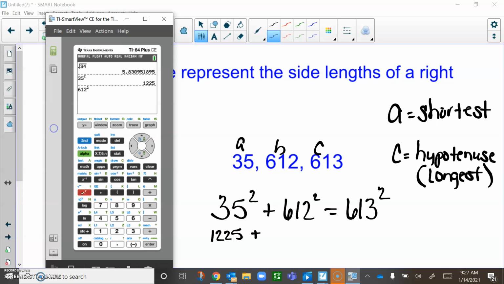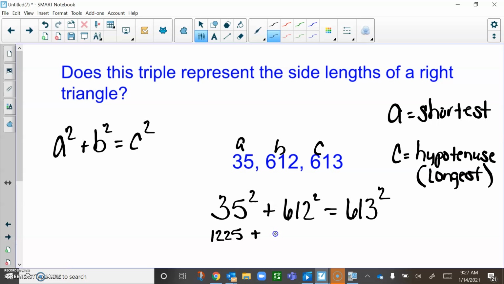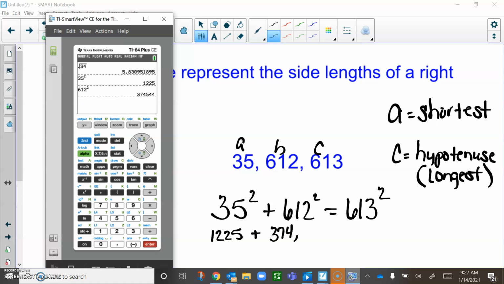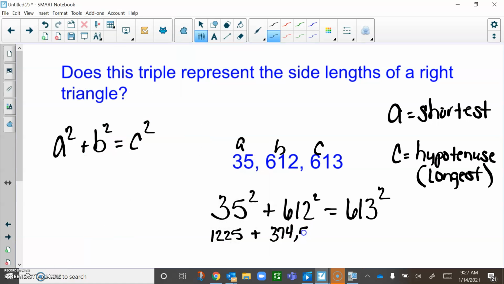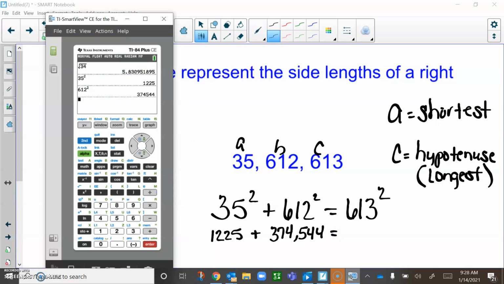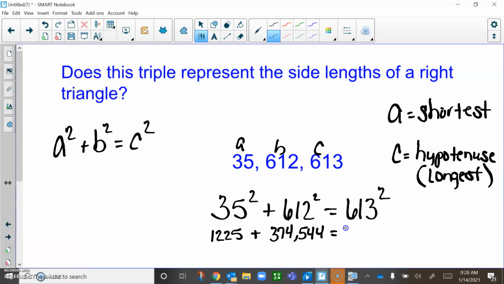612 squared is 374,544. And then we figure out what 613 squared is. 375,769. So we're going to add these two together.